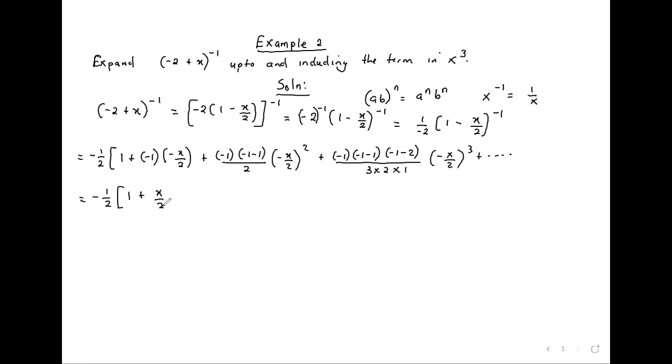And then you notice that on top here, we have -1, we have -2 over 2, and then we have 1 over 4 x squared. 1 over 4 is coming from -x over 2. Now the over 2, when you square it, it becomes over 4. The negative, when you square it, becomes positive.